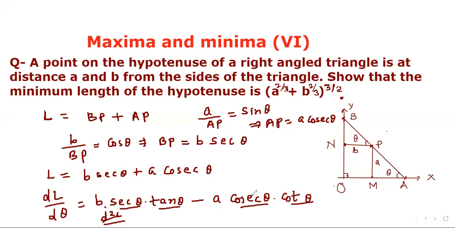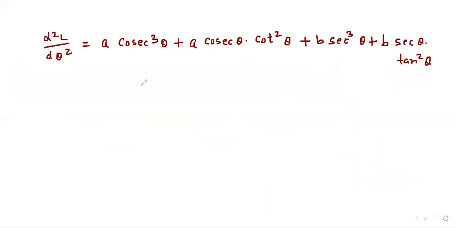Then here, taking cosec theta first and cot theta second, we differentiate cosec theta, that gives minus cosec theta cot theta times cot theta, and then we keep cosec theta intact and differentiate cot theta, which gives minus cosec square theta. So we will get A cosec cube theta plus A cosec theta cot square theta plus B sec cube theta plus B sec theta into tan square theta.